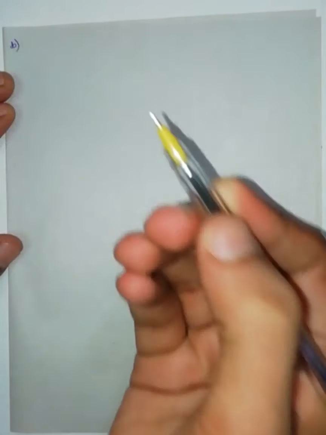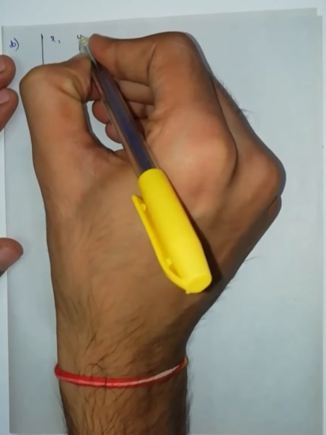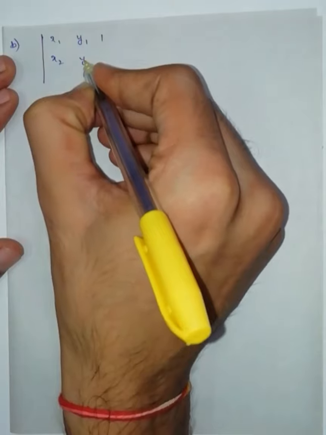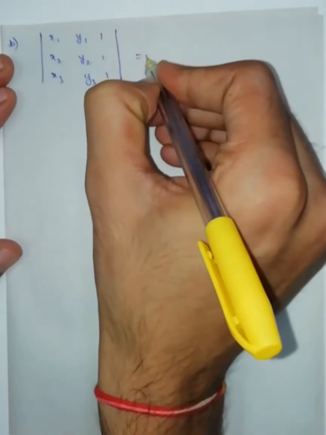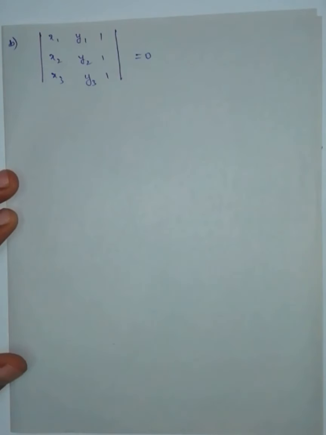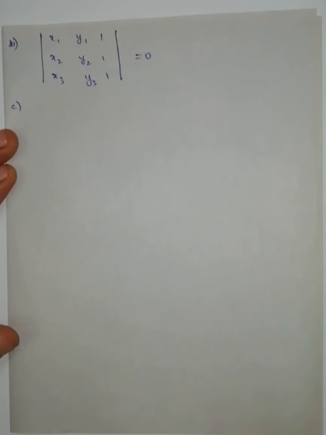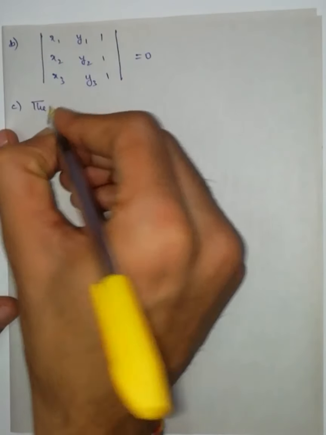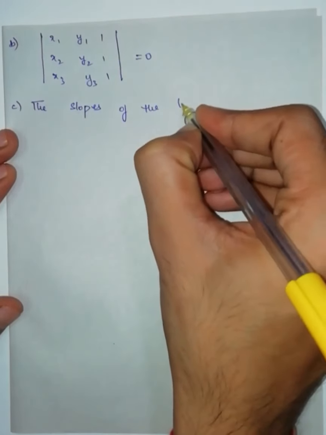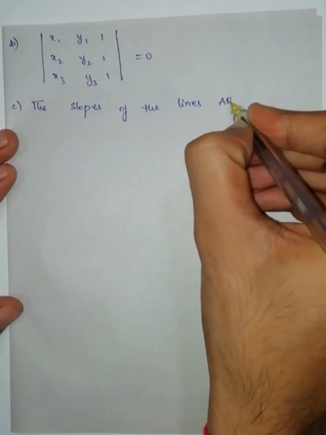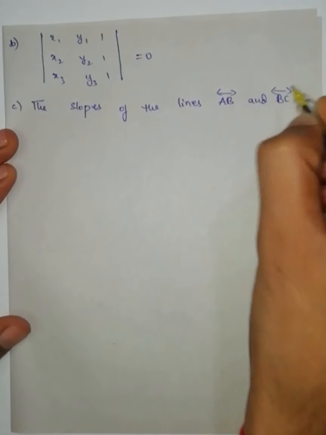Now the second one, B. Instead of A I can use B also, that determinant of x1 y1 1, x2 y2 1, x3 y3 1 should be 0. Or C. Instead of this, the slopes of the lines AB and BC are equal.